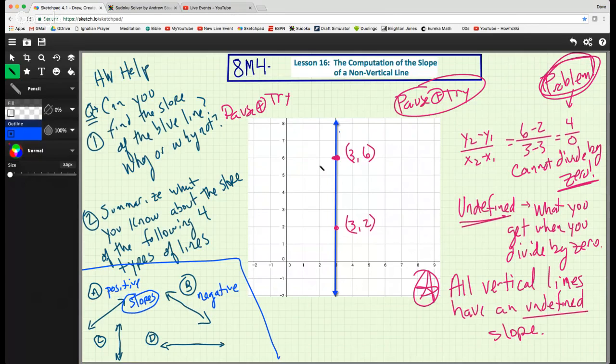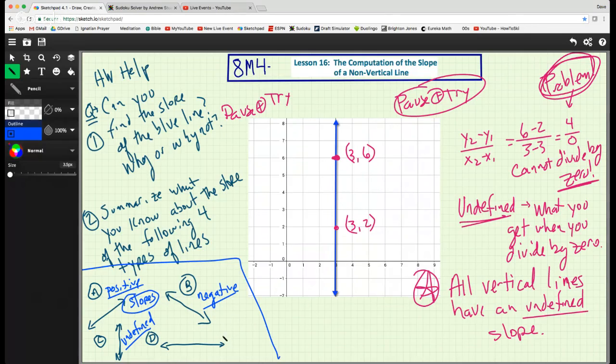Now we just learned if a line goes straight up and down, it is undefined. And we learned how to prove it. We showed it pretty convincingly, at least, that lines that are vertical, that go up and down, have an undefined slope.